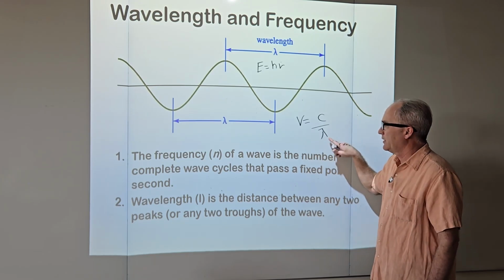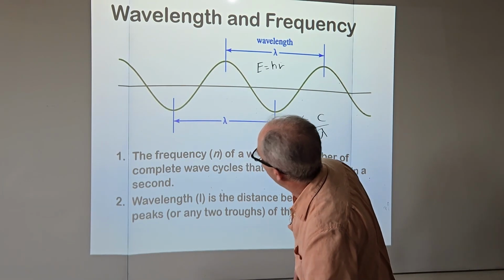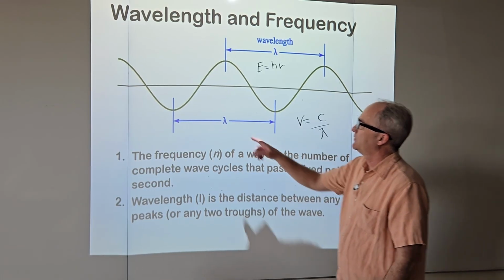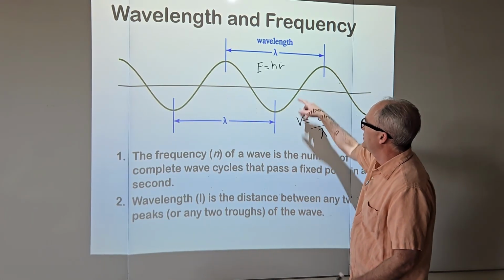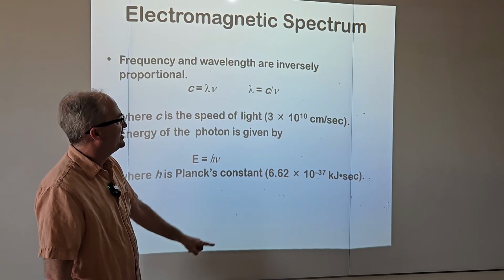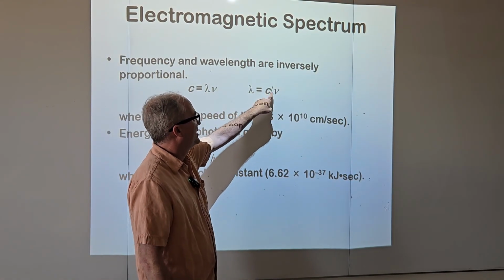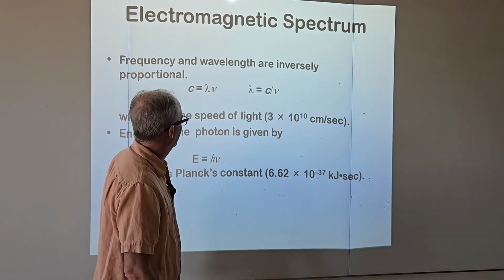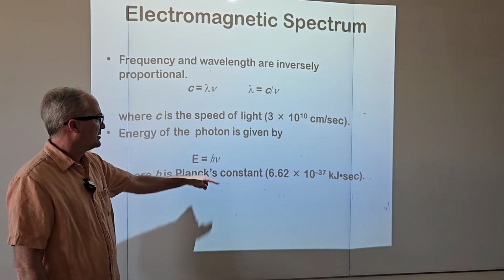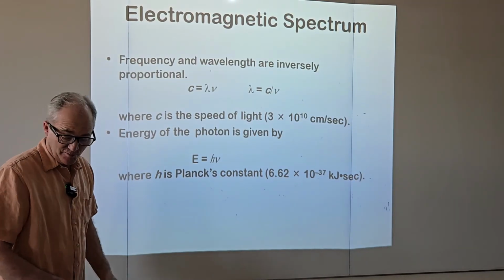Frequency is speed of light divided by wavelength. And of course, the wavelength can be measured from peak to peak, or trough to trough, or even beginning to beginning. So speed of light is wavelength times frequency. Wavelength is speed of light divided by frequency. And here's Planck's energy, Planck's constant times frequency.